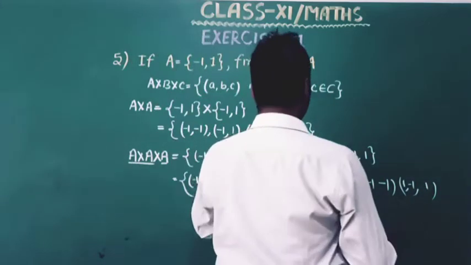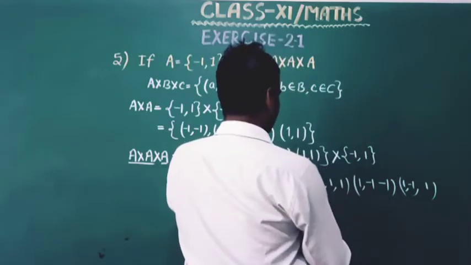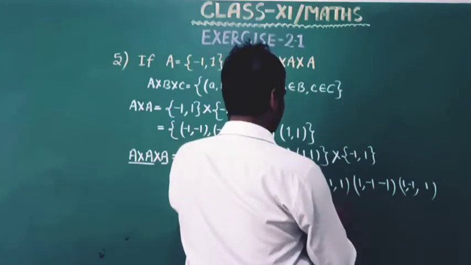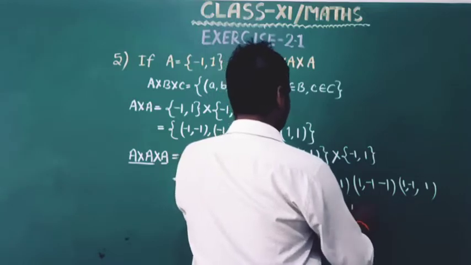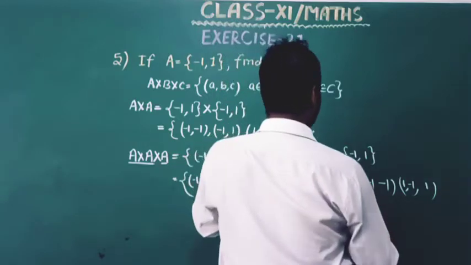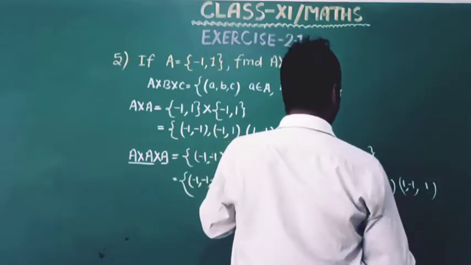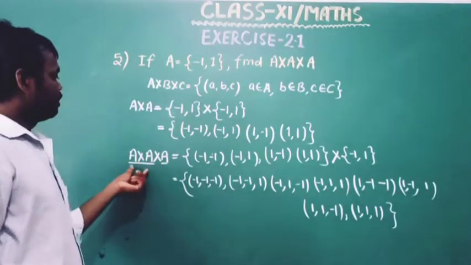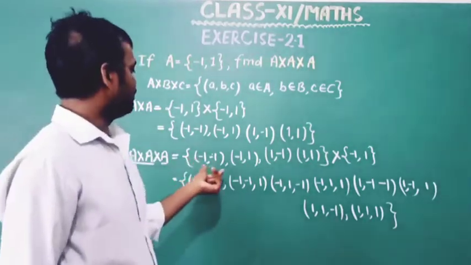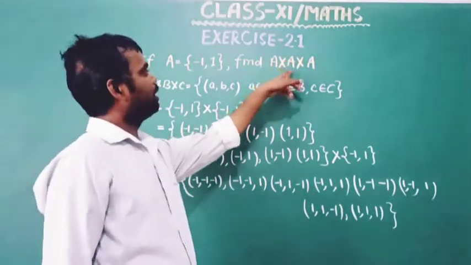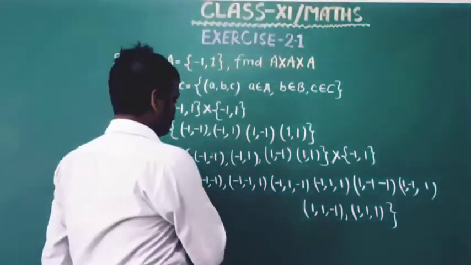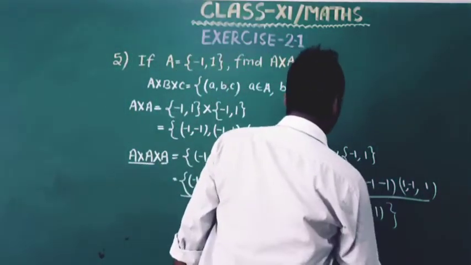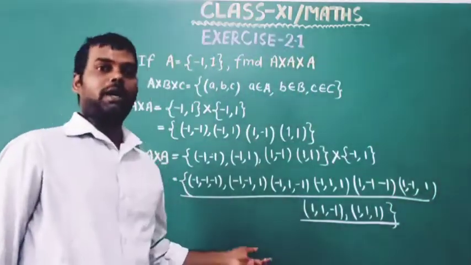And last is (1, 1) paired with -1 and 1, giving (1, 1, -1) and (1, 1, 1). So these are the ordered triplets of A cross A cross A that we had to find. This is the required solution.